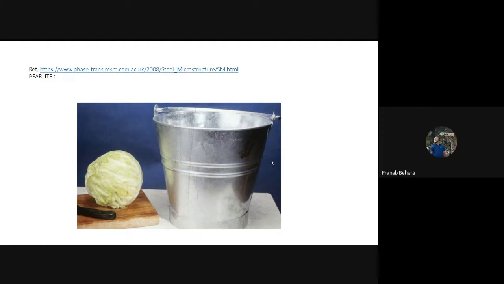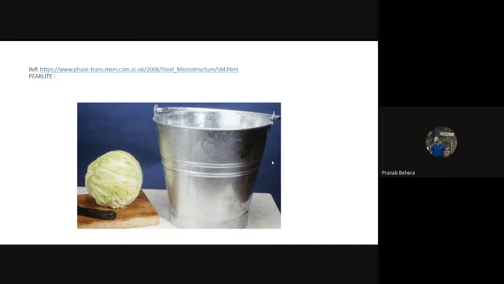According to the text, pearlite is a layer of ferrite and cementite. But this statement is misleading. I told you in IPM also. It is not an alternate layer of ferrite and cementite. The definition is what? Eutectoid mixture. Why it is a eutectoid mixture, I will tell you soon.